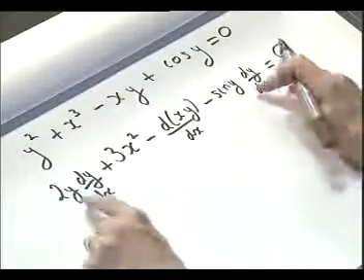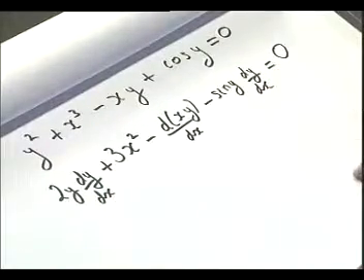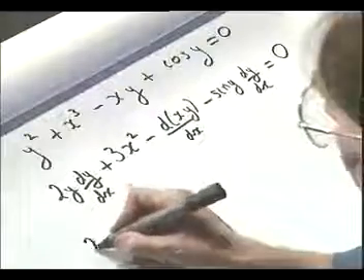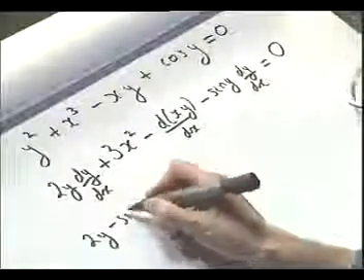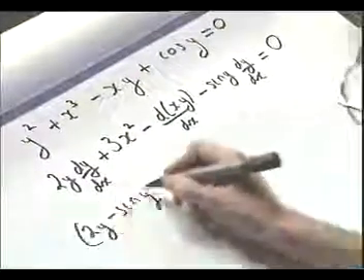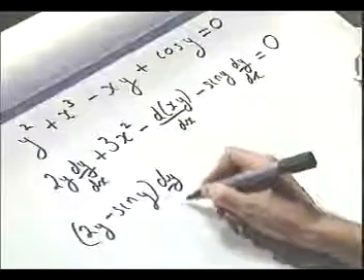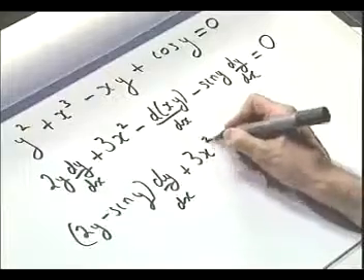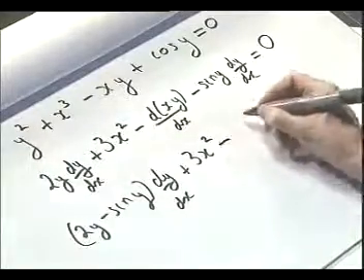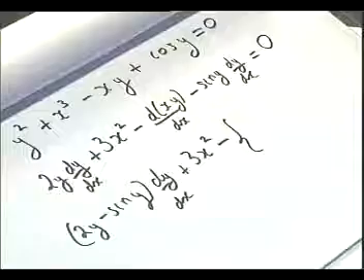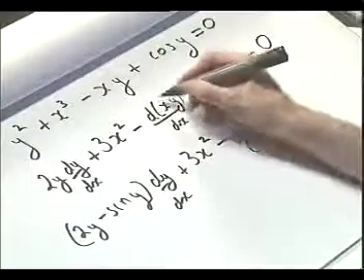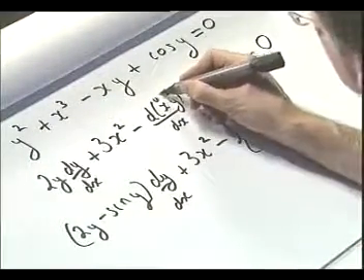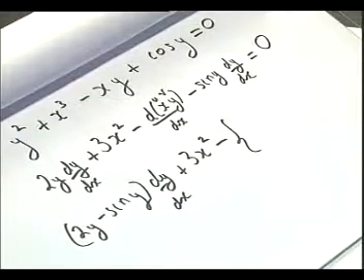So let's get these two terms together because they've both got a dy by dx. So I have 2y minus sine y times dy by dx plus 3x squared minus, now this is a product. It is a u times a v.